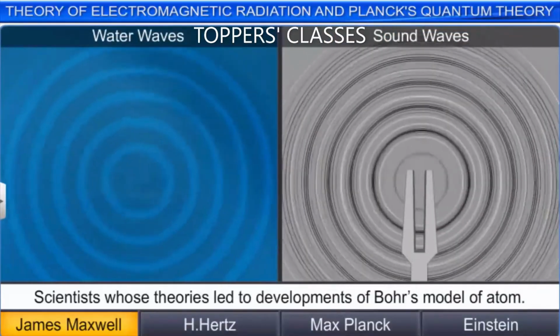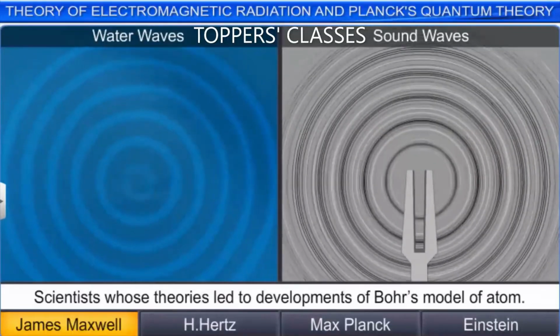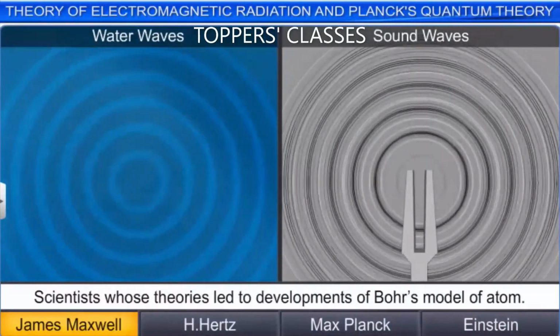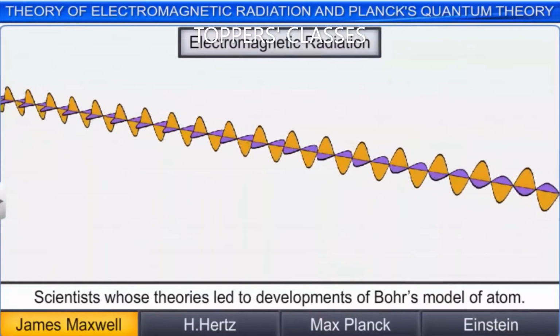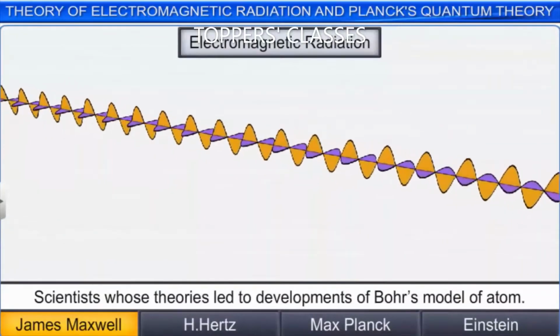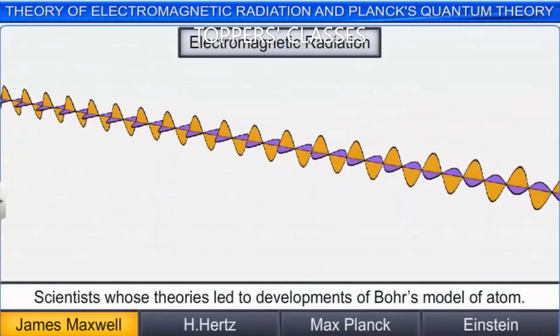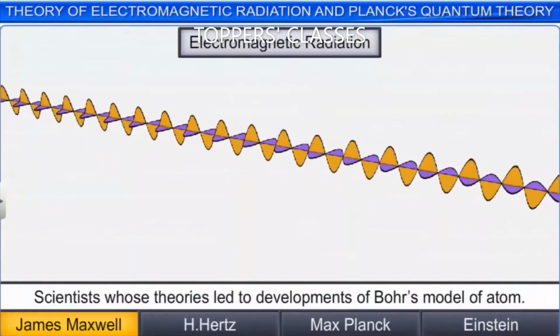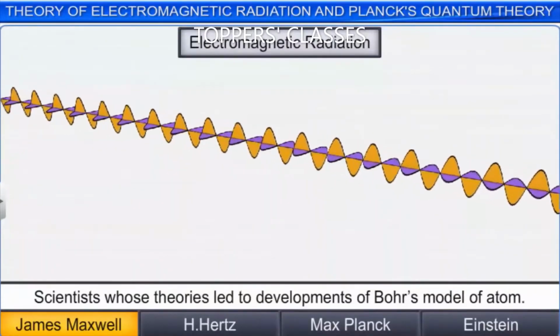An object produces a series of waves when it vibrates continuously. However, the vibratory motion of charged particles, like electrons, produce a wave train of oscillating electrical field and magnetic field. Such waves, which are produced due to the periodic motion of charged particles, such as electrons, are called electromagnetic waves.